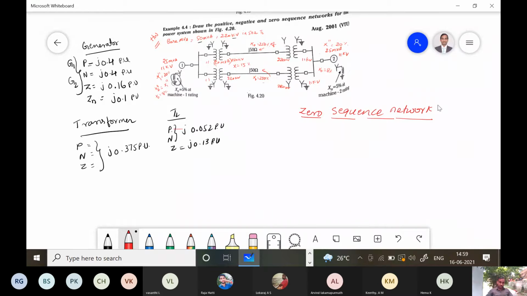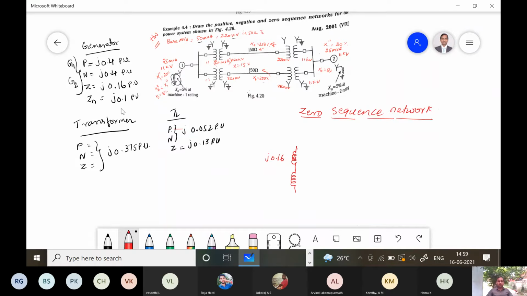So in the zero sequence network, for the generator, the generator reactance is given, that is Z is equal to j0.16 per unit. And the generator is star connected, grounded through a reactor. That is given as 5%, that is Zn we have calculated, that is j0.1 per unit. So also write Zn here.